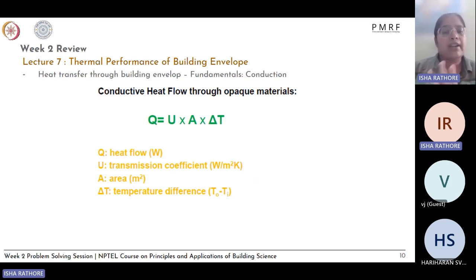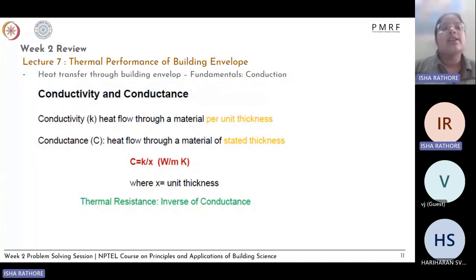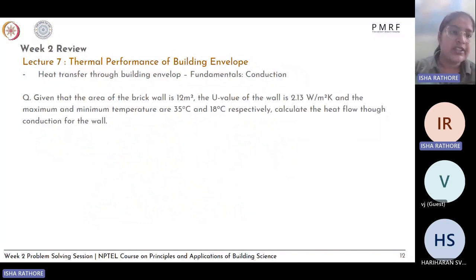So now we're going to look at a numerical based on this equation. You can try to post your answers in the box. You basically just have to apply the formulas and see how it works. Okay, so this is the question.